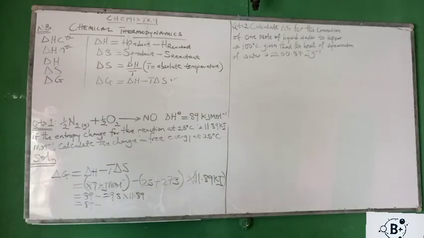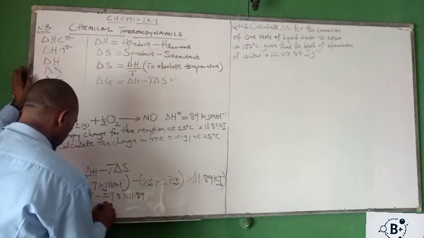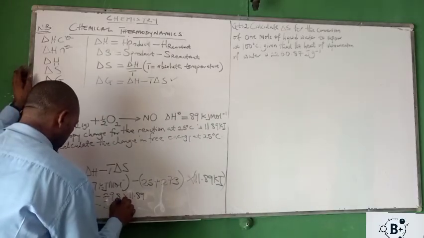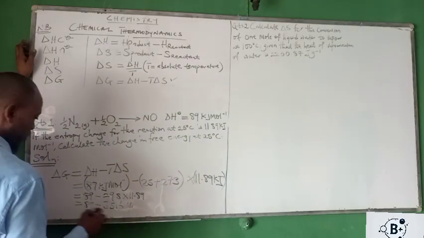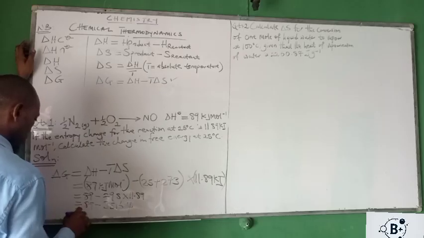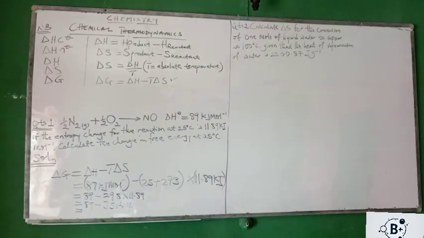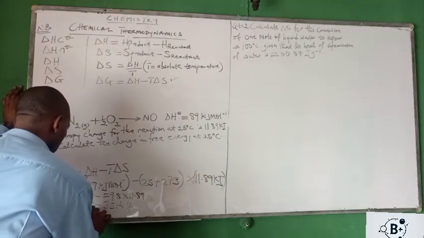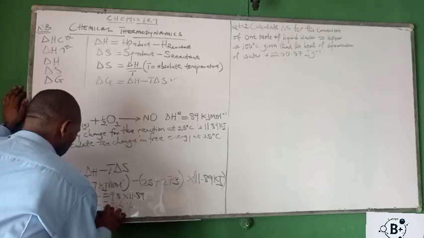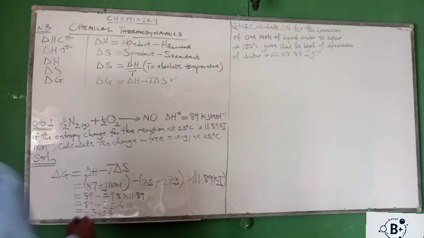That will give us 3516.4. So 89 minus 3516.4 is equal to, we compute that now, that will give us minus 3427.4.